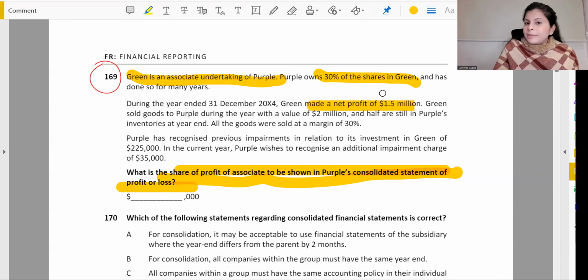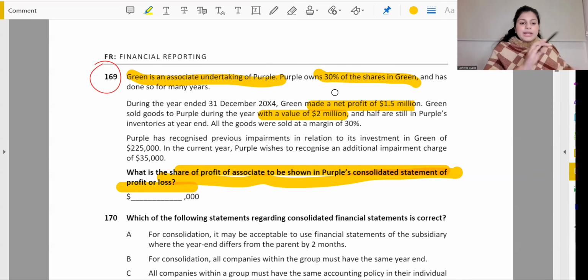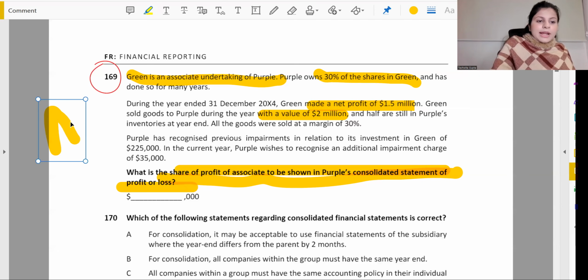So purple will have 30% share in that profit. Green sold goods to purple during the year with a value of 2 million. So green has sold goods to purple during the year and the value of that sale is 2 million. Green is the associate. Associate is the seller. Associate has sold goods to the parent.